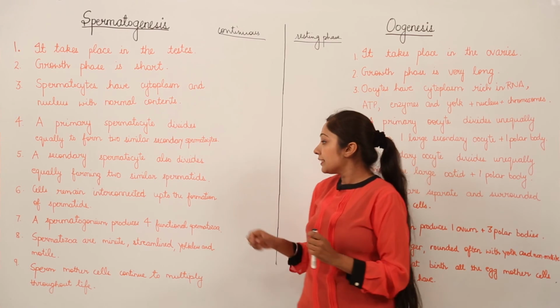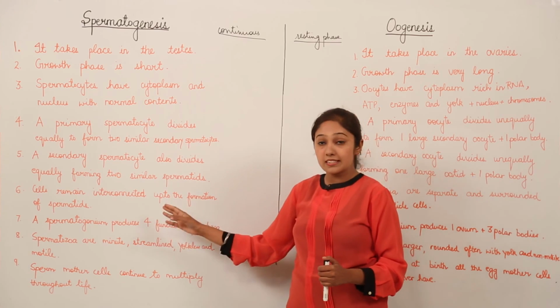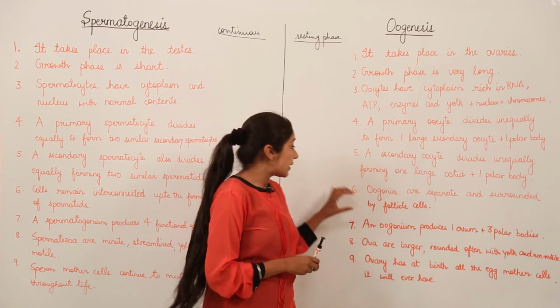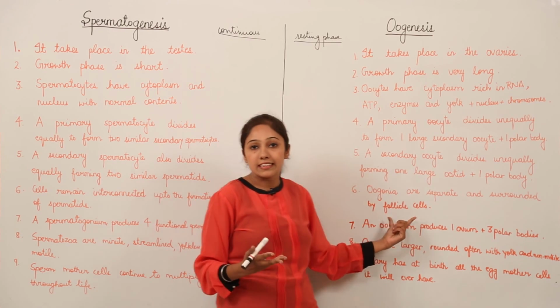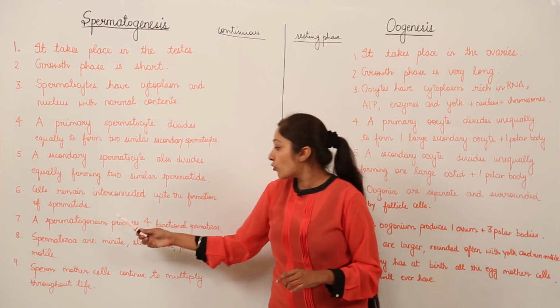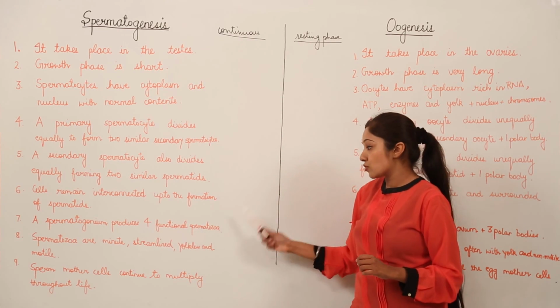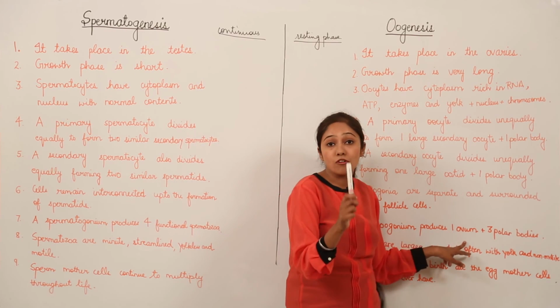Remember this. Cells remain interconnected up to the formation of spermatids in case of spermatogenesis, but in oogenesis, oogonia are separate and surrounded by follicle cells, as we have studied in the structure in greater detail already. Then a spermatogonium produces 4 functional spermatozoa, but an oogonium produces 1 ovum only.